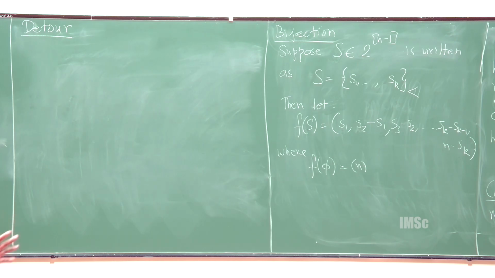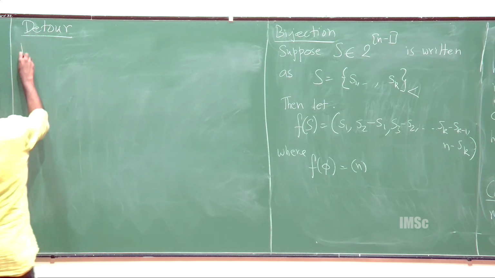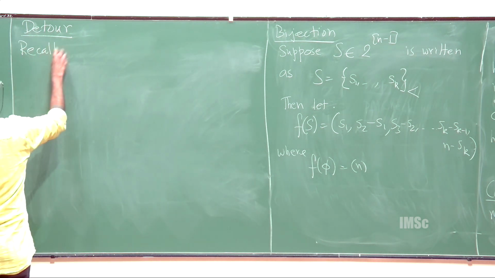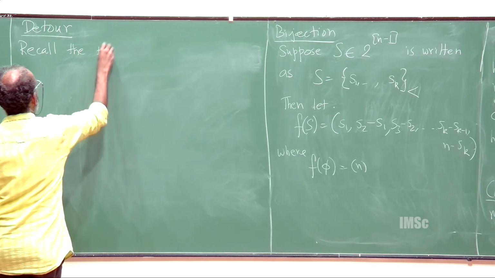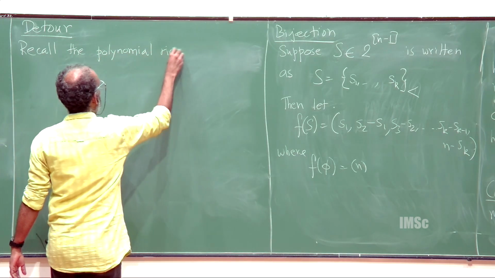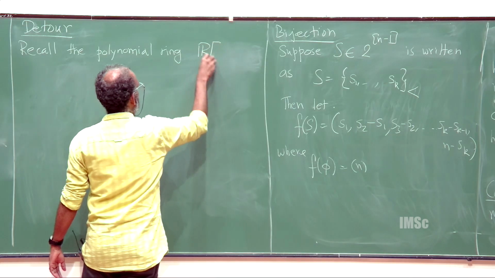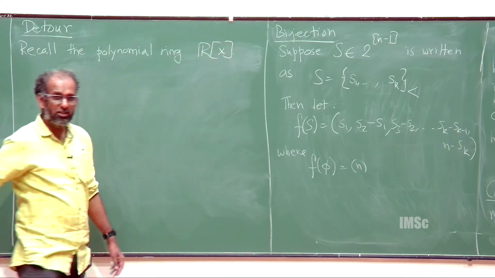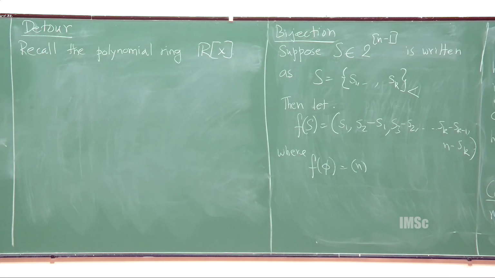And you know the notation for the polynomial ring, let's say with real coefficients, R adjoin x, R[x]. So recall the polynomial ring. These are polynomials in the variable x.